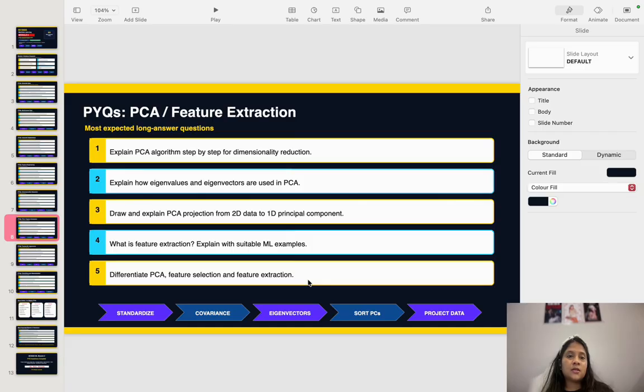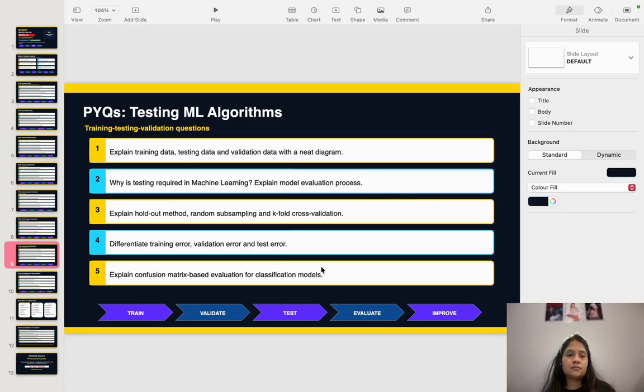Next is PCA or feature extraction. So these are the possible questions, highly prioritized questions. Okay, this was related to PCA and feature extraction.